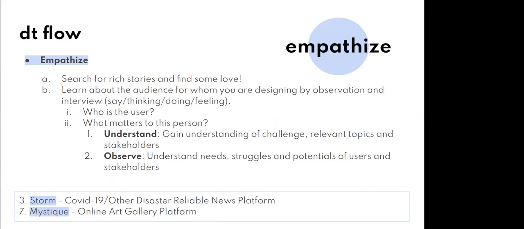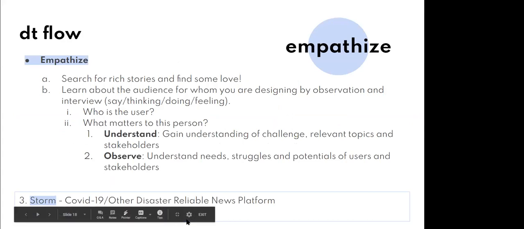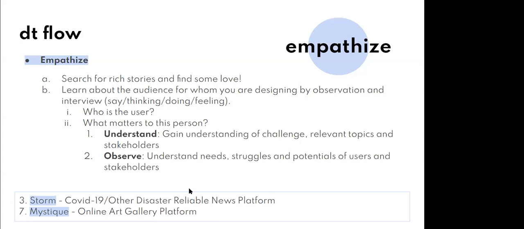So when we look at COVID-19, and some of you are part of that group, when we look at the COVID-19 or the other disaster reliable news platform, you need to ask yourself, well, who's at the center if we're going to develop an app that deals with disaster reliable news?